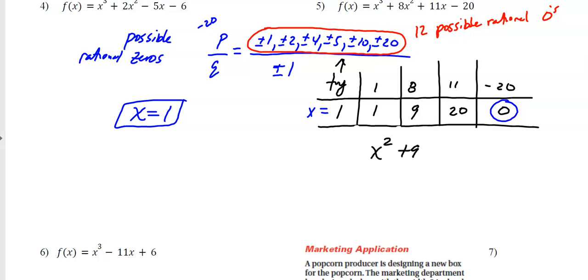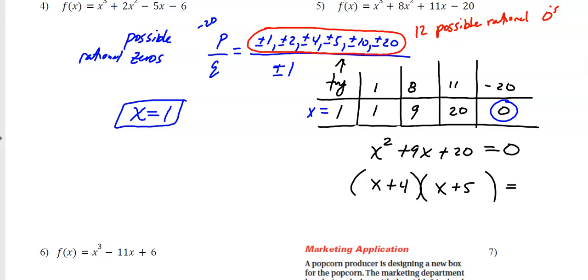X squared plus 9x plus 20. Hey, I think we can do that. 4 and 5 would be a combination. So being able to factor a quadratic is really, really useful for this type of stuff. So I have another 0. I get negative 4, and I get negative 5.